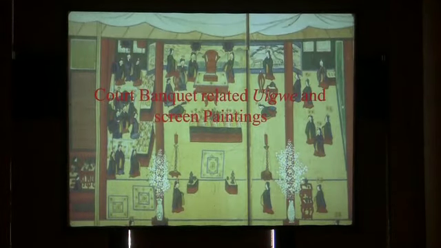Now, the upcoming exhibition will have many of the banquet paintings and banquet Uigwes. So I decided to show you some of these things.